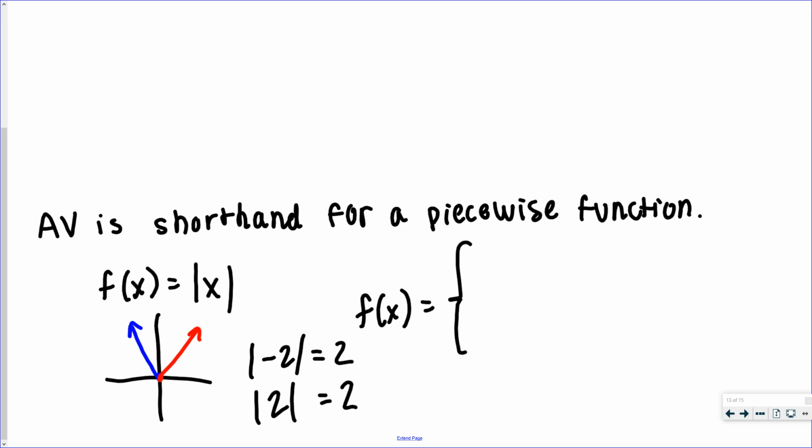So this function is this piece, all of these positive x values. We're going to get out this piece of positive x. Think of that line like y equals x, okay, positive sloping, if our x values are positive.